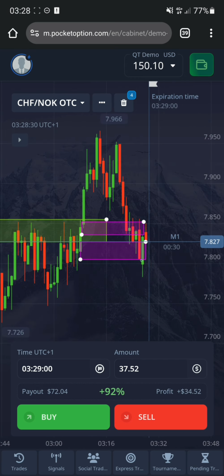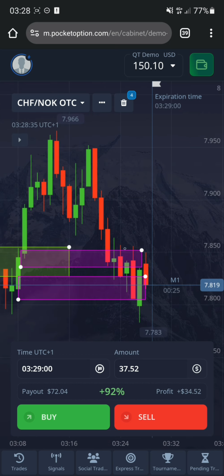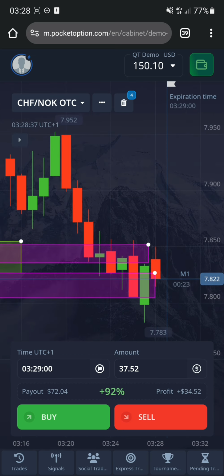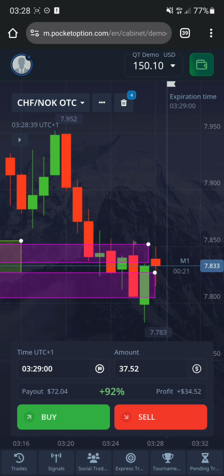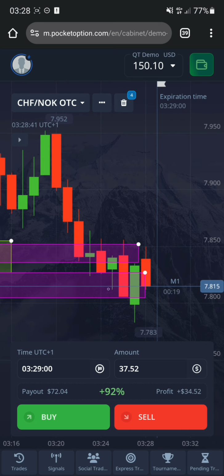We have a double top here, so the price may just break this area and keep going down. You can see we have lower highs here, indicating that the sellers are more in control in this place. We have this red green pattern also. I probably will not go with the green.